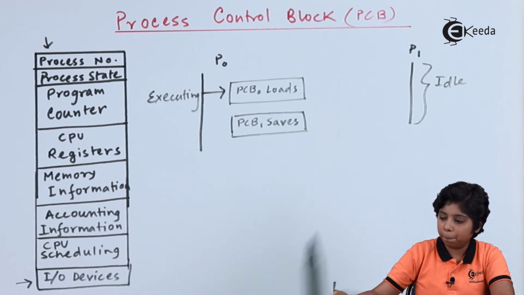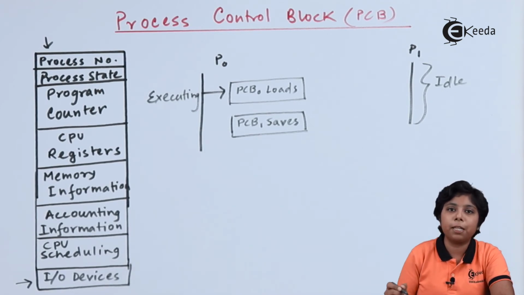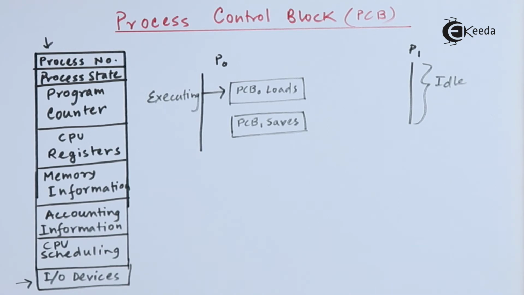Now when P1 wants to execute again, PCB1 must load the state and PCB0 must save the state.